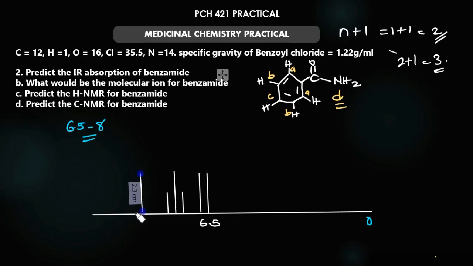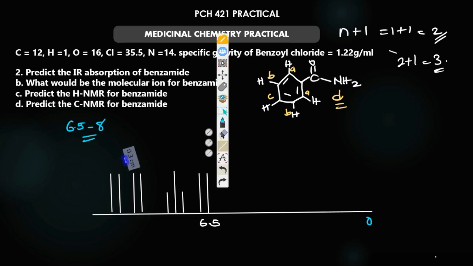That is if at all this thing will come. So we have something like this. This will be a doublet of doublet. I'm going to explain this one later. All right. So this is going to form a doublet of doublet, or in some cases it's going to form a triplet. So this is for C, here is for B, and then finally here is for A.